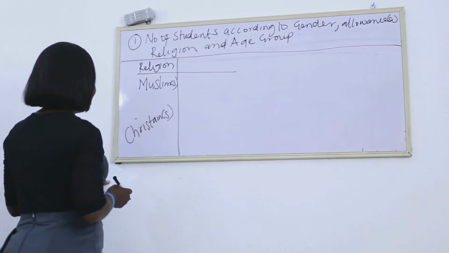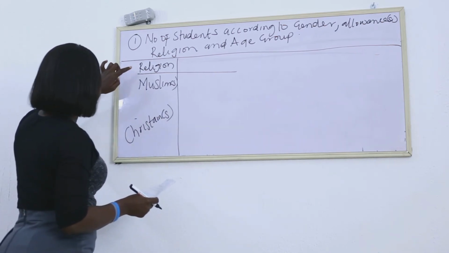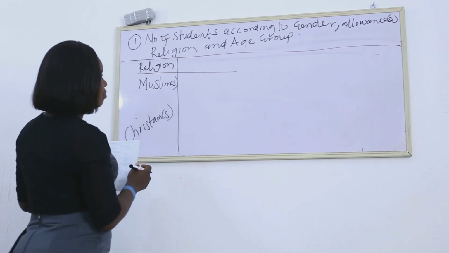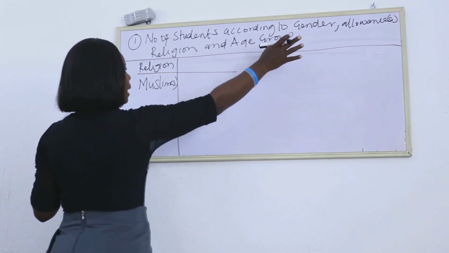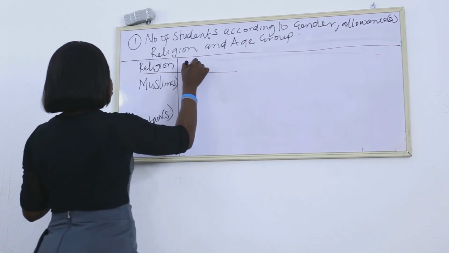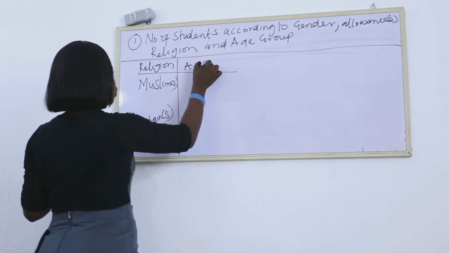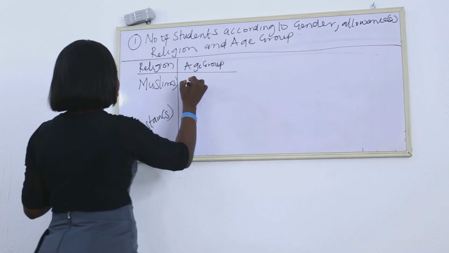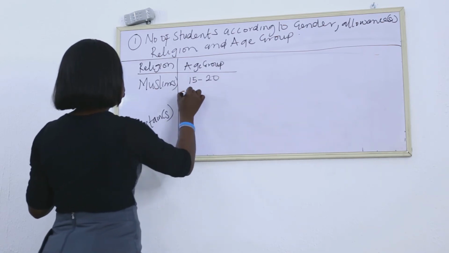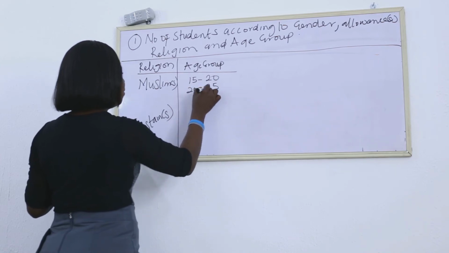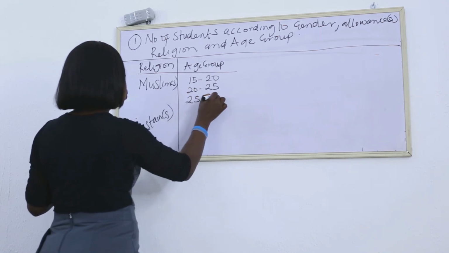Then after I've represented the religion, another important thing is the age group and allowance of the same number. So I want to represent the age group here, and the age groups are 15 to 20, 20 to 25, then 25 to 30.